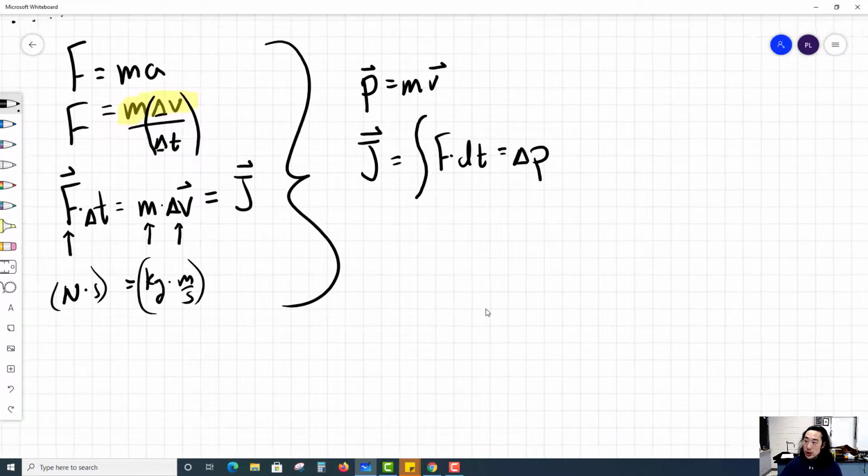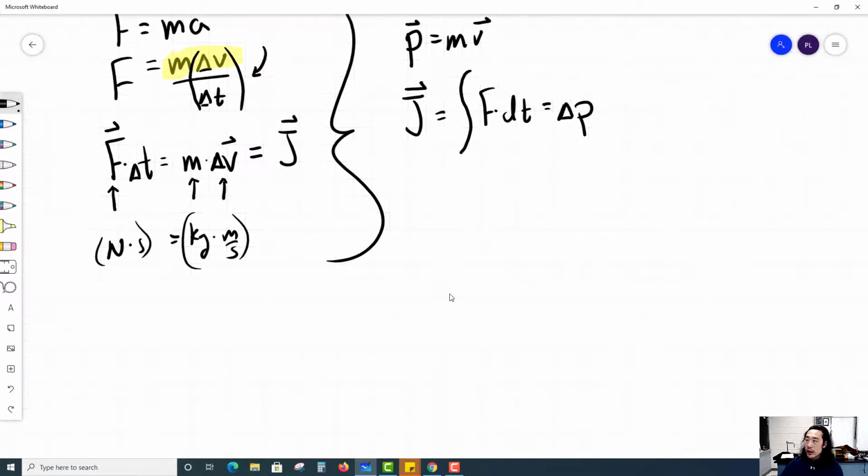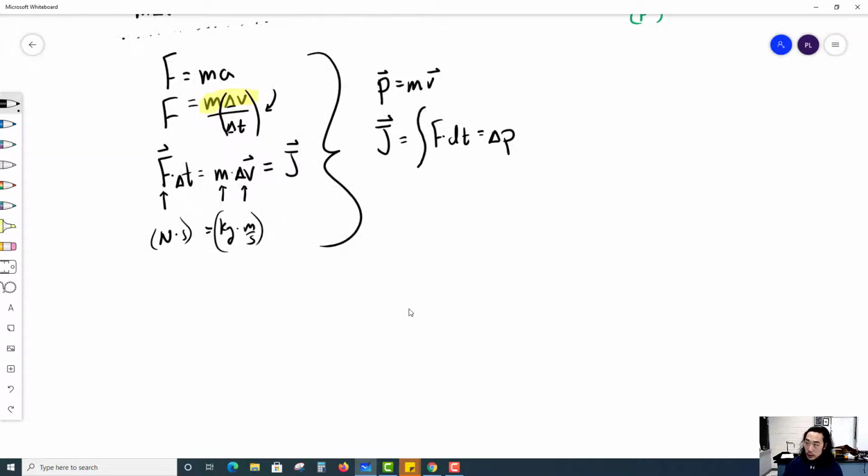The third equation that you will find on your equation sheet comes from this equation, so we're about to derive that. I'm going to write that second equation down below here. So we have F equals ma, and from there we know that this can be m times delta v over delta t. And we know that m times delta v is just the change in momentum, so we can say force is equal to delta p over delta t.